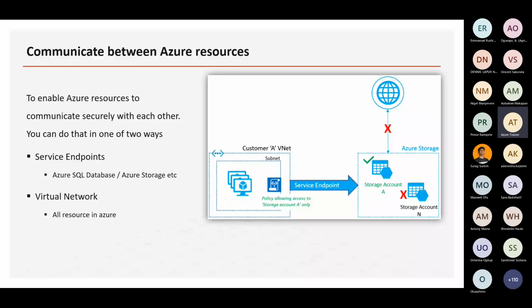Generally, if you take a SQL database or a storage, they communicate with the help of a concept called service endpoints. Service endpoints is the term we generally use in cloud infrastructure. So if you want them to communicate with each other, it is done with the help of service endpoints here.